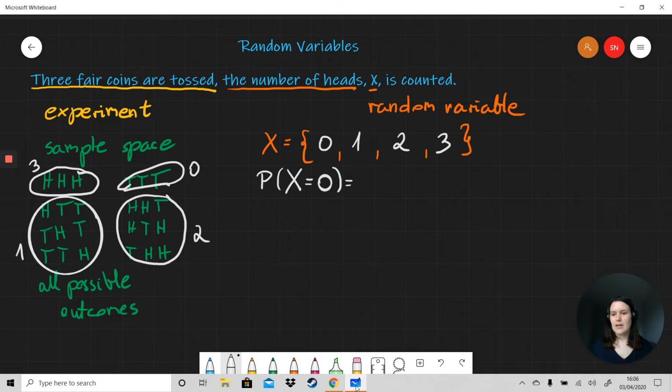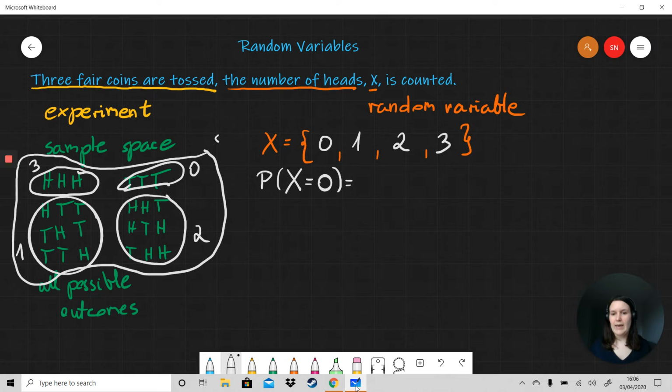Well, let's see. In total, in this sample space, in this experiment, I have 8 possible outcomes, and only 1 is 3 tails, so 0 heads. So the probability of getting 0 heads is 1/8.